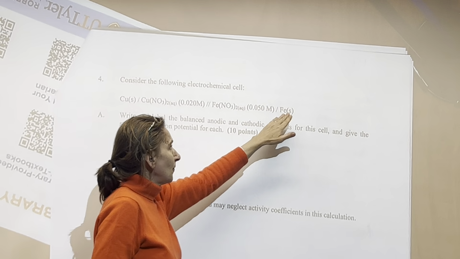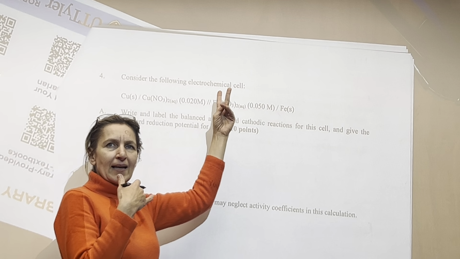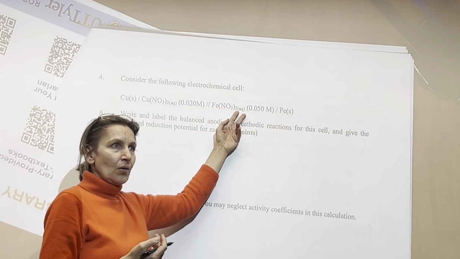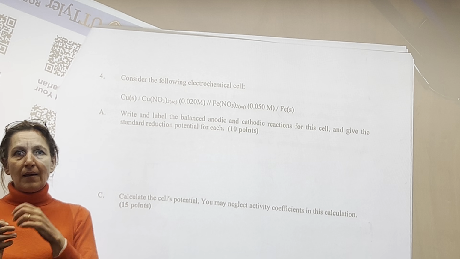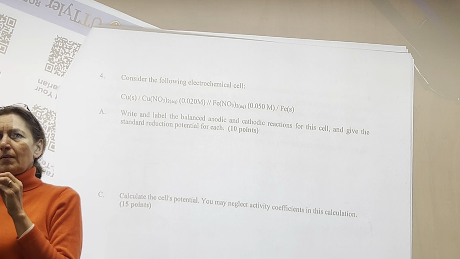We could have iron here and two different elements, or the same element in two different oxidation states. We would know that the iron was just a conductor, and whatever we had in different oxidation states would be reduced.